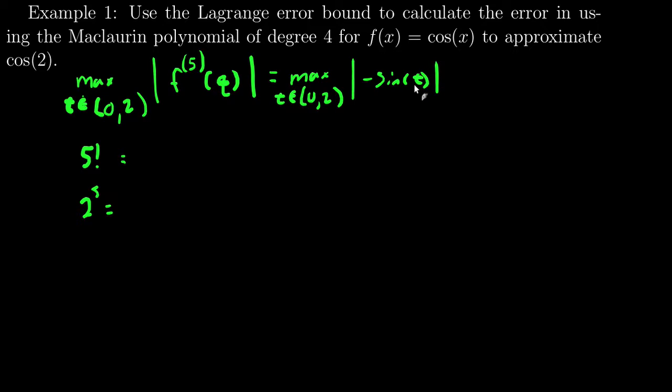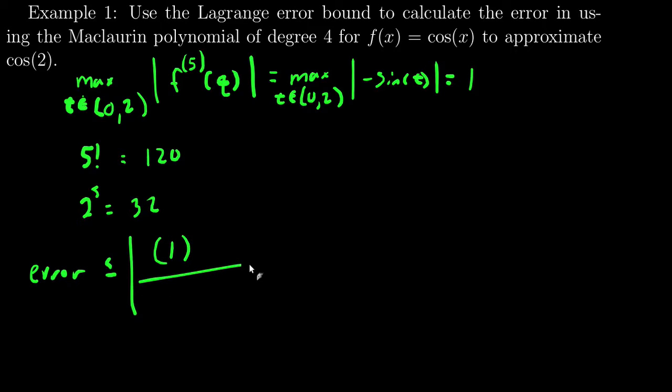Well, the biggest or smallest sine t can be are positive or negative 1 respectively, so the biggest this magnitude can be is 1. 5 factorial is 120, 2 to the fifth is 32, and that means that my error is less than or equal to, I have my maximum, which is going to be 1, divided by n plus 1 factorial, which is going to be 120, multiplied by x to the n plus 1, which is going to be 32. You can see just 1, 2, 3 parts you put in there.